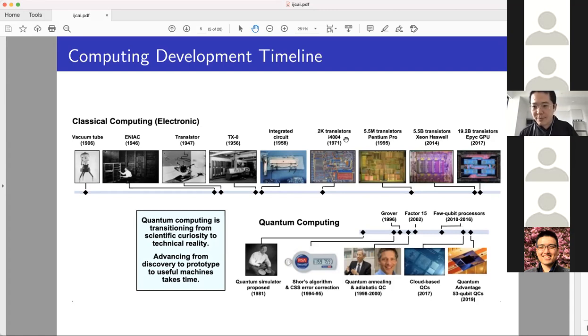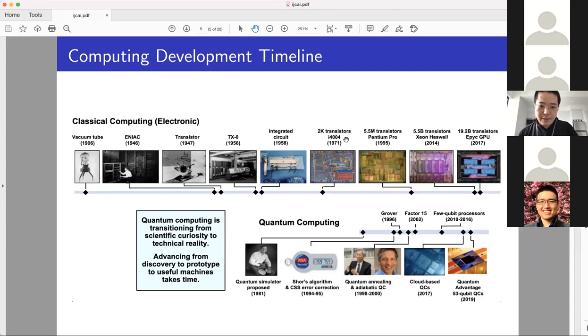Currently, we have a very powerful GPU in 2017 containing 19 billion transistors, but it started from the vacuum tube in 1906, and in the mid 20th century we developed the integrated circuit. And now we have very powerful GPUs used every day, especially for deep learning architectures and applications. The GPU plays an essential role in those applications.